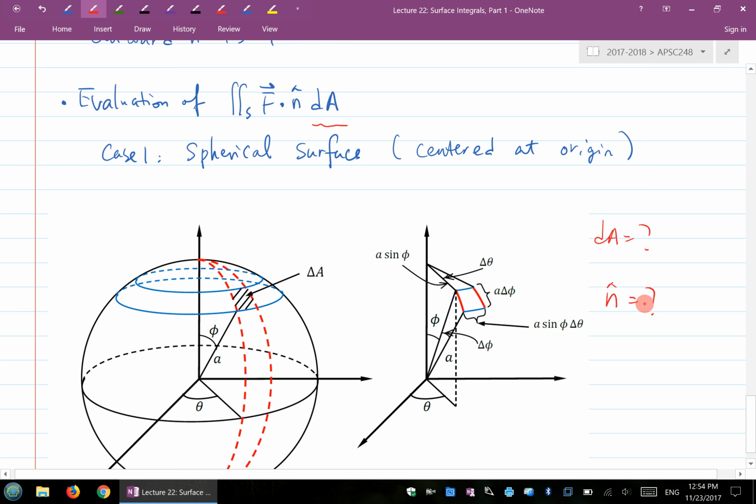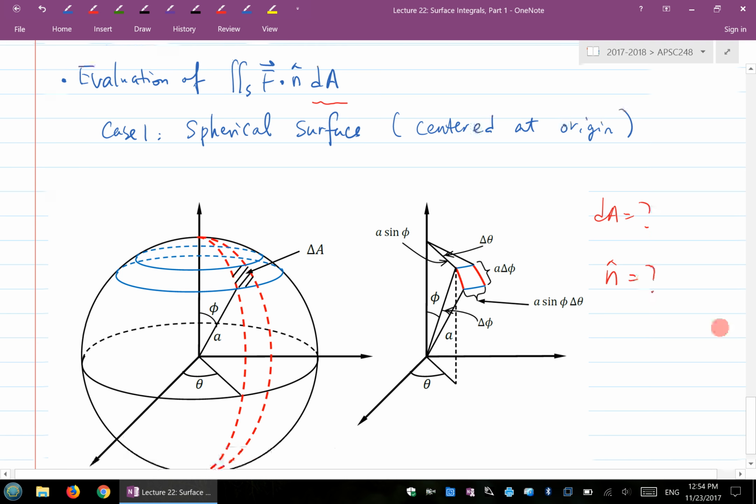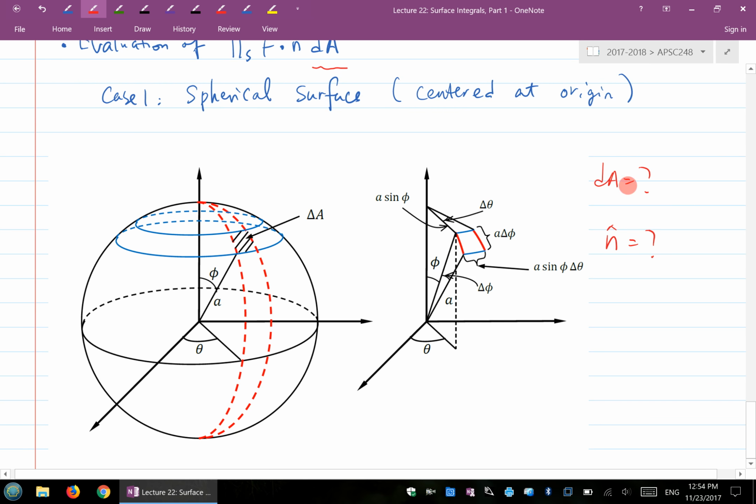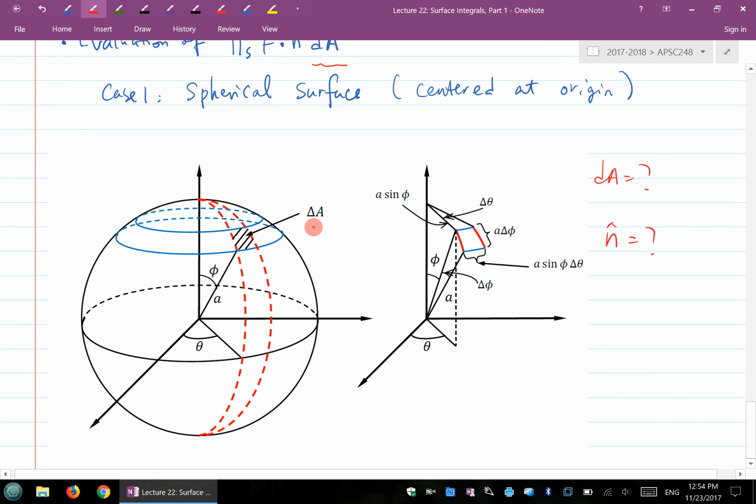Now, let's look at dA first. This is how we section this surface into small areas delta A, very much like sectioning the xy plane using x coordinates and y coordinates to draw 2 lines, and then you basically get a rectangle.